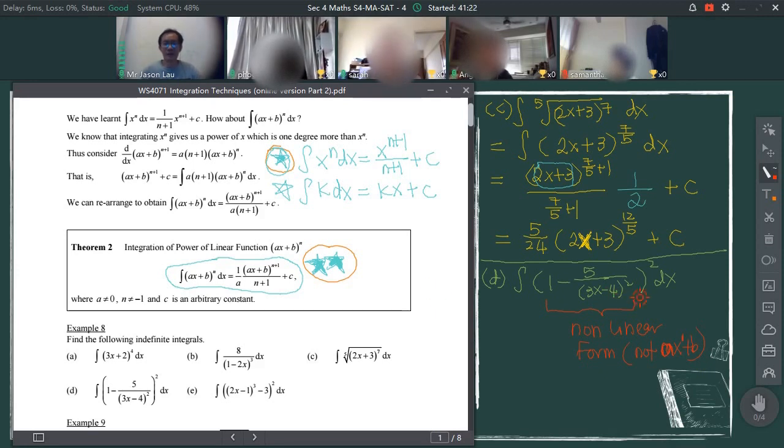So it's not linear, so we cannot use our theorem. Our theorem is only for ax plus b inside the power. You get it? It's a very strict rule. You cannot deviate, even a small little step also cannot deviate. So you must really follow the rule. So in this case we cannot use theorem 2. So what do we do?